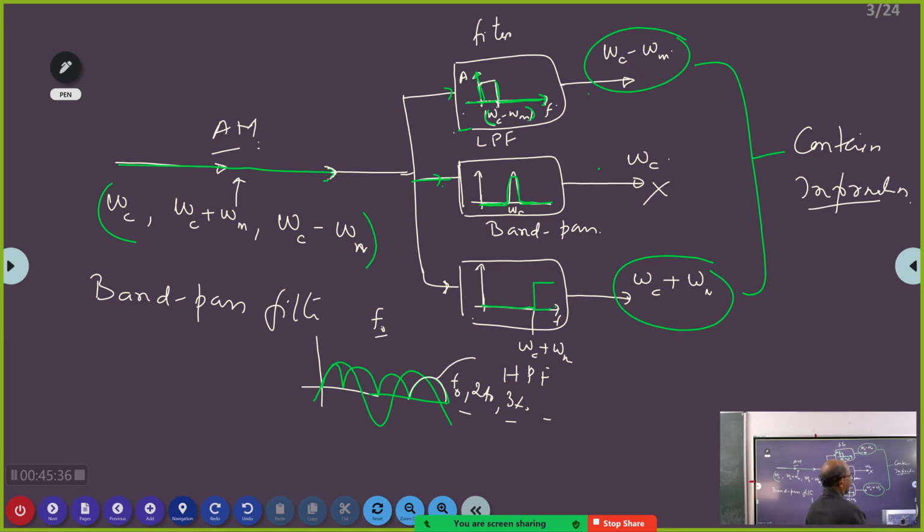The carrier does not contain any information. Is it clear? So the amplitude modulated wave is created and transmitted. At the receiver, when we receive the signal, we can have three filters like this and filter out these components. Clear? Yes, sir.